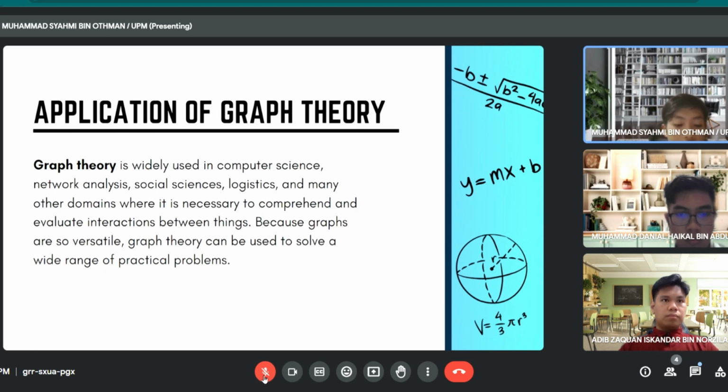Also, social science benefits from graph theory in understanding social relationships, structures, and dynamics. So basically, graph theory, a branch of mathematics, serves as a powerful tool for modeling and analyzing relationships and connections in various fields. In summary, graph theory is a very useful tool in many different domains because of its adaptability.